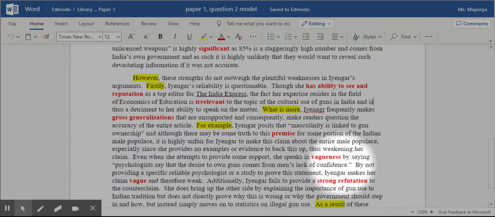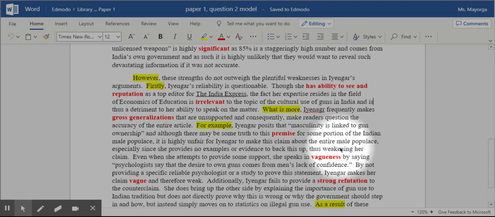So for example, let's look right there in the middle. Iyengar posits that masculinity is linked to gun ownership. And although there may be some truth to the premise, we can see how maybe some men feel that way, it is highly unfair for Iyengar to make this claim about the entire male populace. Obviously, it is such a generalization.